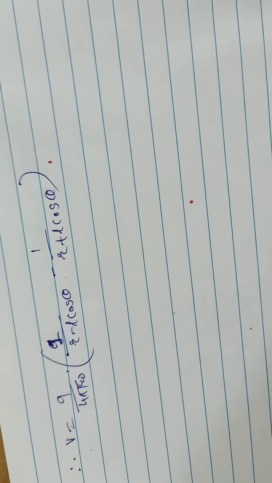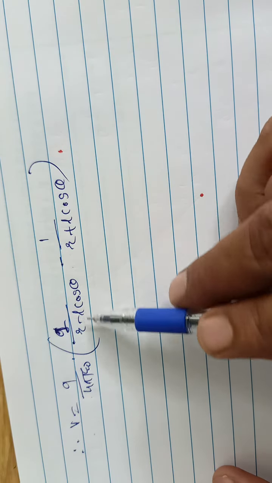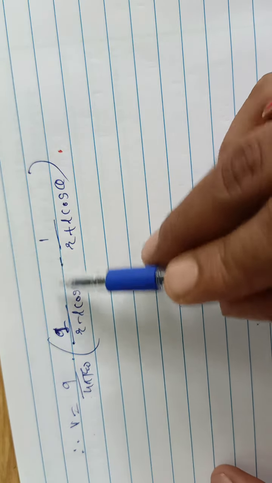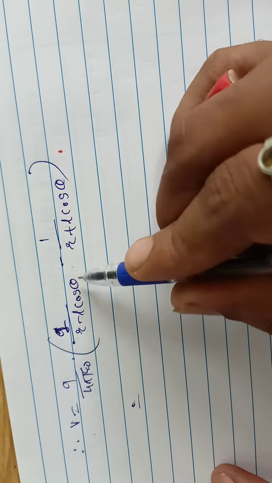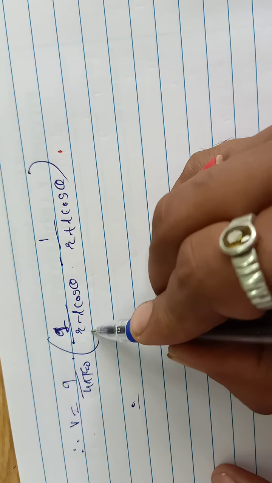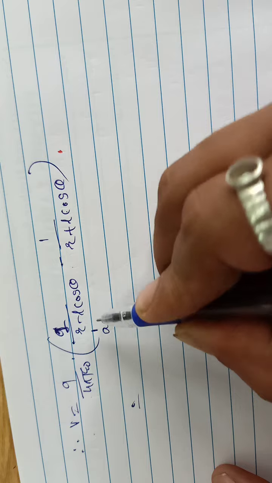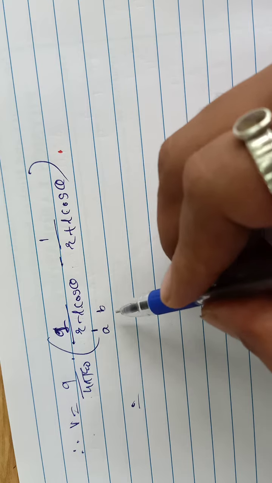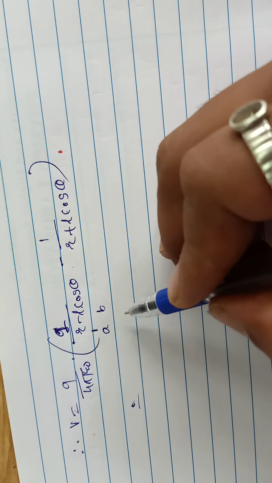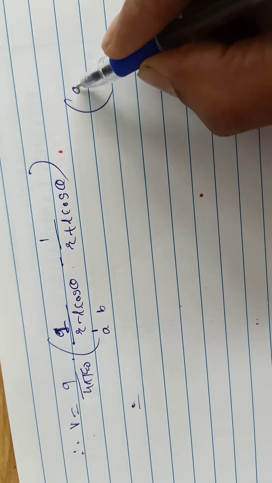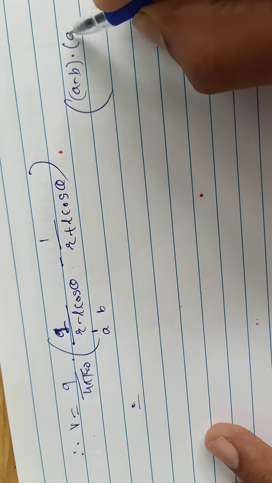Let's solve this now. First we solve this bracket. When we subtract or add, we take the denominators to a common base, so we multiply this term with this term. Suppose we consider R as a and L cos theta as b.